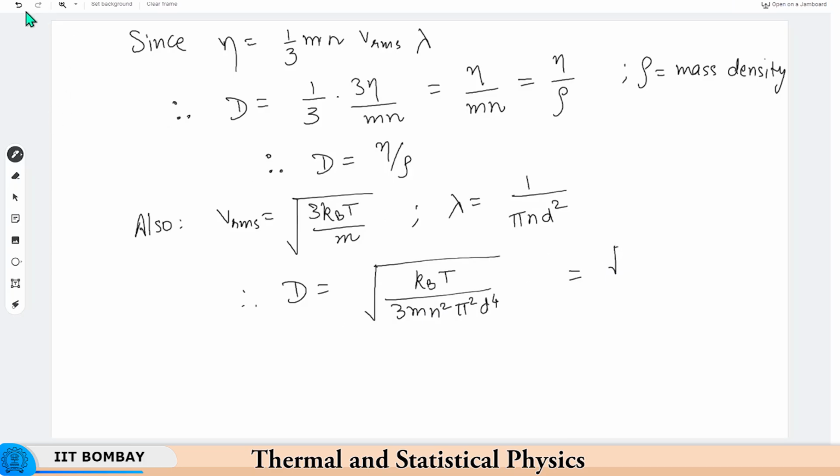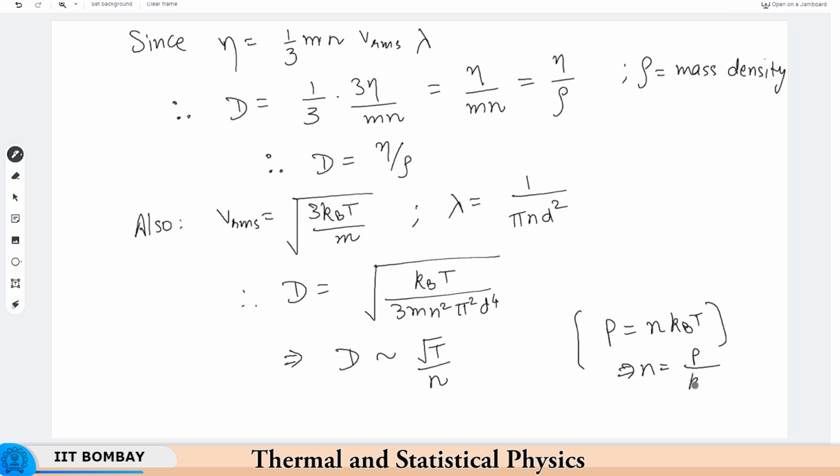Or most importantly, we can see from here that D scales with the square root of temperature divided by n. And we know from the ideal gas equation, P equals n kBT, where n is the number of gas molecules per unit volume, which implies n is P by kBT.